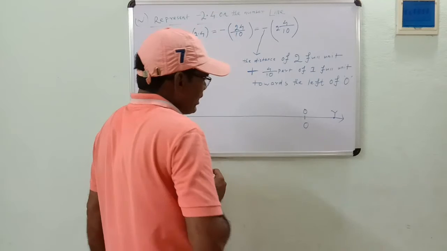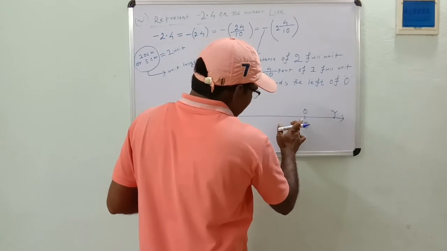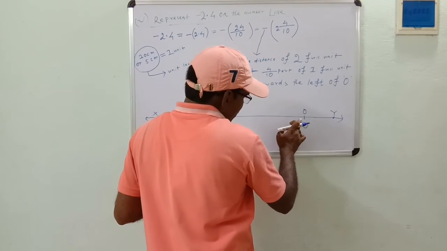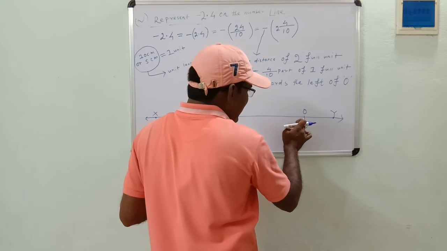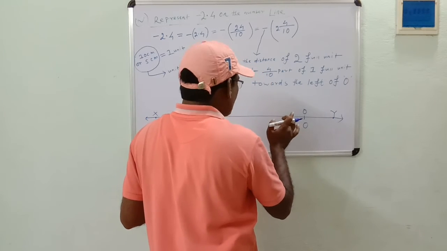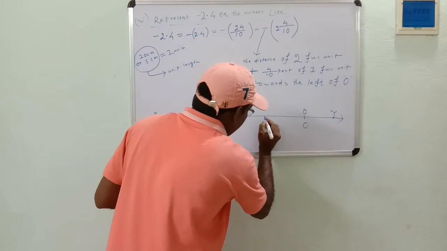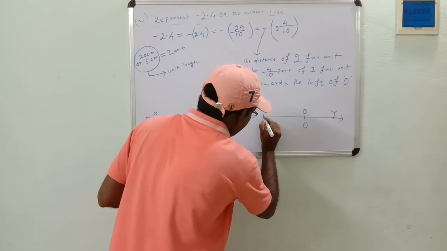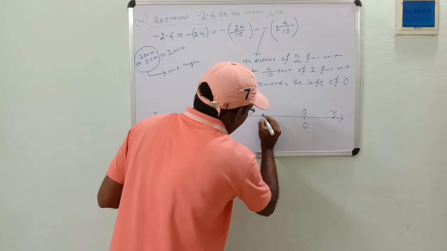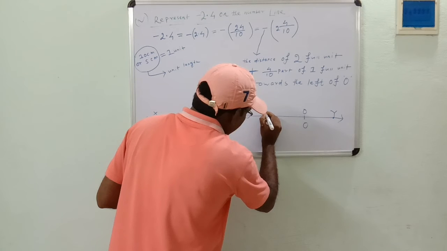So from 0, take a point from 0 at 5 cm distance. Suppose its name is A.